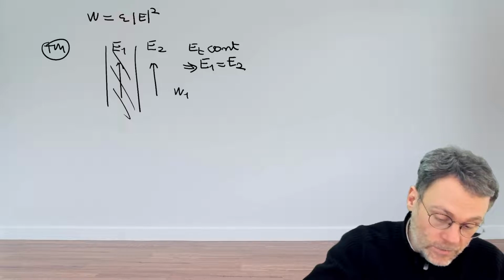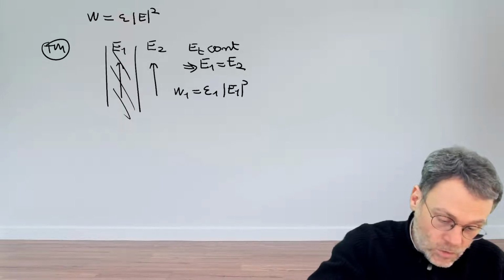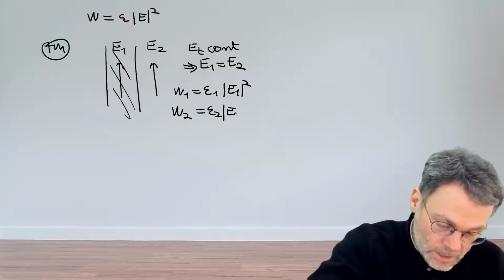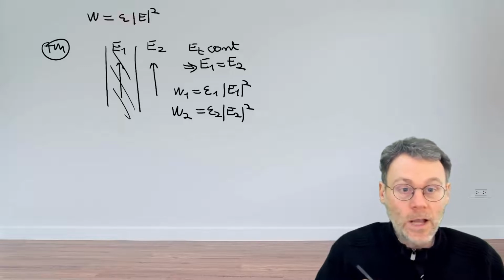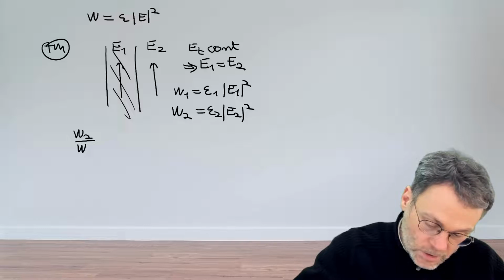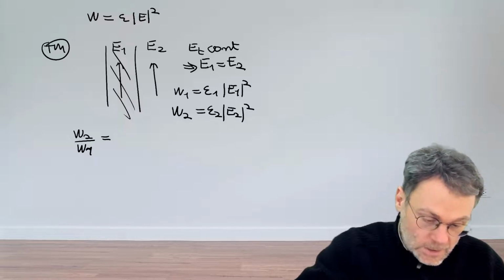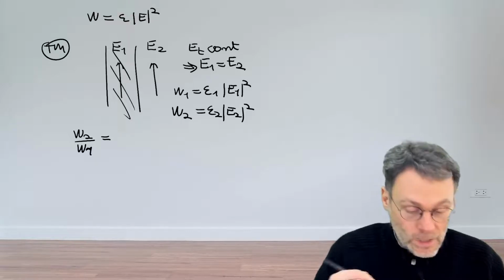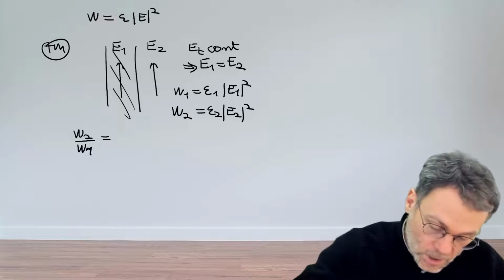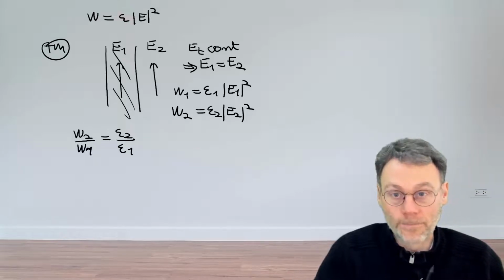And that means that if we calculate W1 being epsilon 1 E1 squared and W2 being epsilon 2 E2 squared, if we now calculate the ratio between these two energies, so for example W2 divided by W1, since E1 is equal to E2, this means that the ratio is just the ratio of the dielectric constants. That's going to be epsilon 2 divided by epsilon 1.